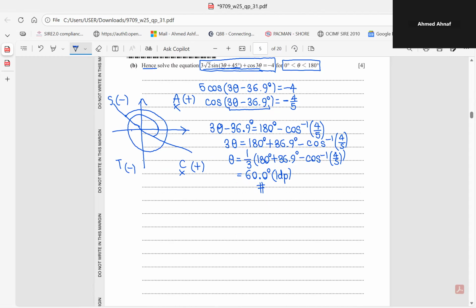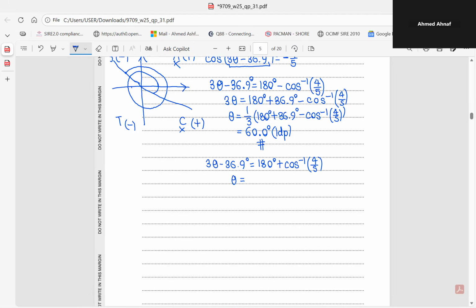So 3 theta minus 36.9 equals 180 plus cosine inverse 4/5. I'm just going to isolate theta immediately. So it's just 1/3 times 180 plus 36.9 degrees plus cosine inverse 4/5.